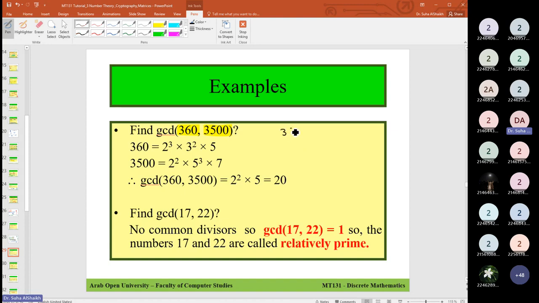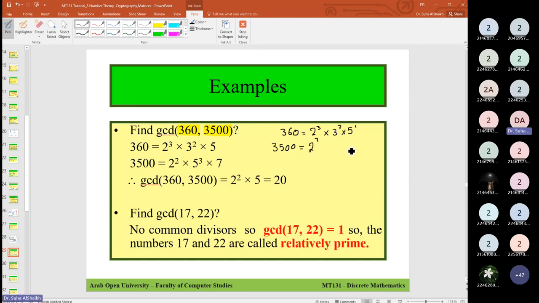Now, the 360 here equals 2 power 3 times 3 power 2 times 5 power 1. And the 3,500 is 2 power 2.